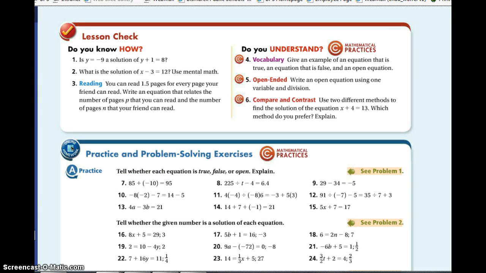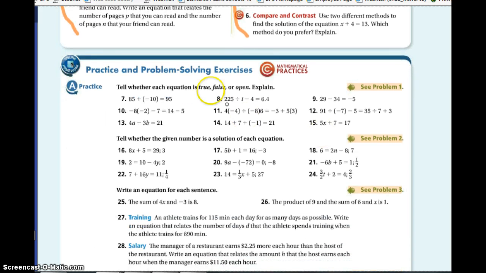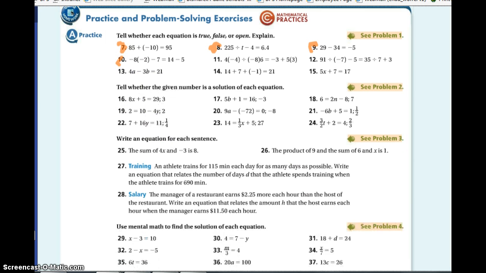All right, so for this section, you might want to read through these. It's good to know these. These right here are things you really want to focus on, and make sure you understand. And then for the homework, let's do 7, 8, 9, and 10. And then we'll do 20 through 23. So do 20, 21, 22, 23. And then we'll do 27 and 28.